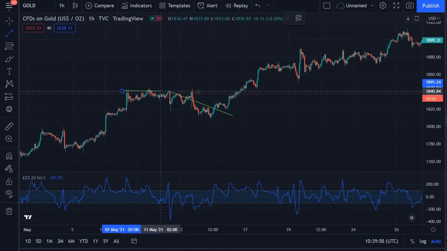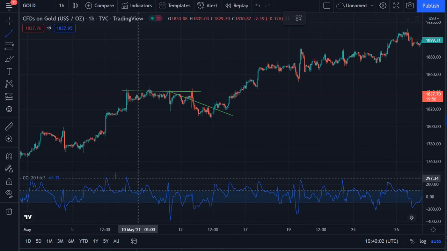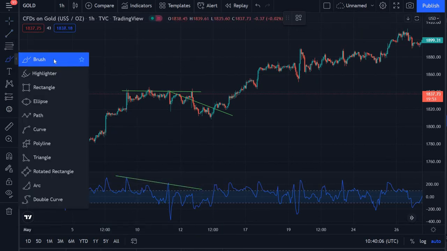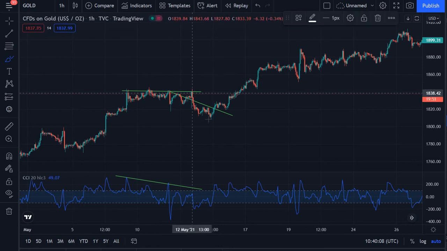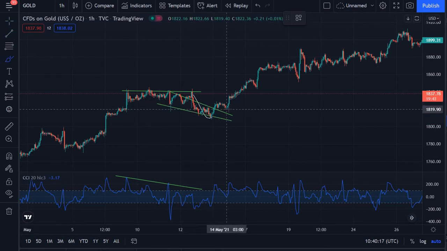Here we had a couple of tops that couldn't break, and then we saw lower lows on the CCI. So this is why we pulled lower, and this could happen here as well, to pull lower. And then here we had a channel and we broke above. Here we had a bullish candlestick.